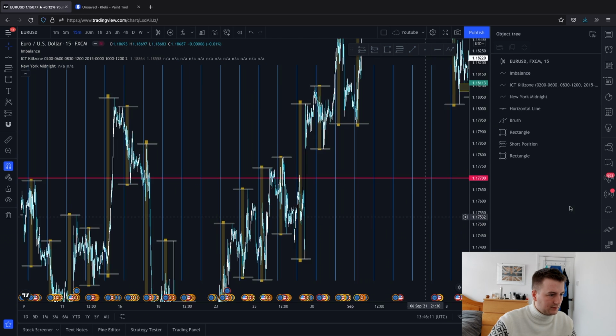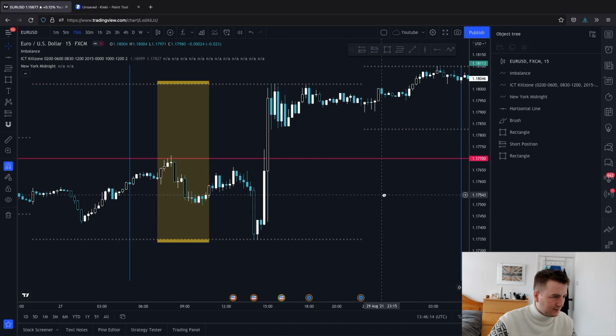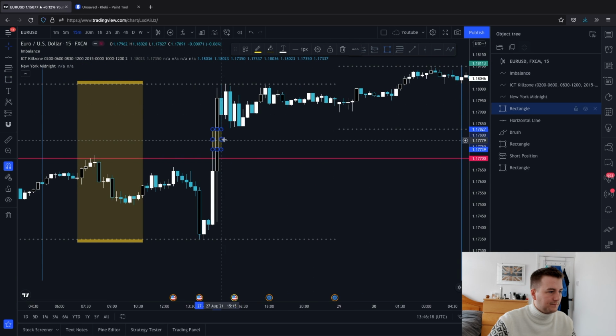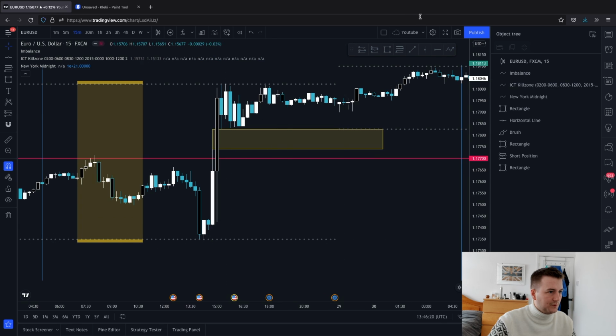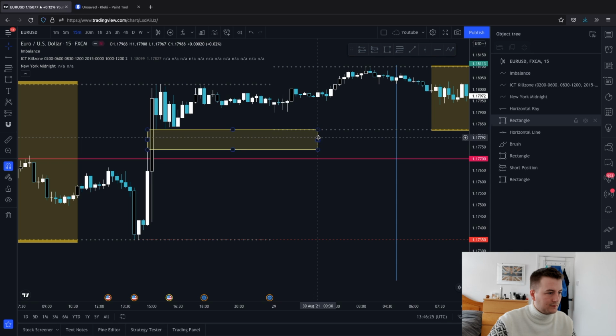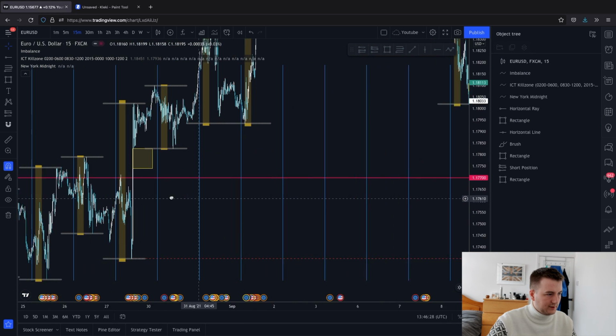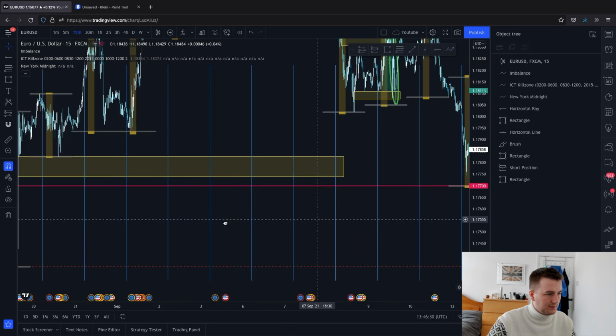Horizontal ray, just so I can see where price is going. So you've got this imbalance area right here, but the low is all the way down here. So we would draw it out. Sorry if this is a bit messy.